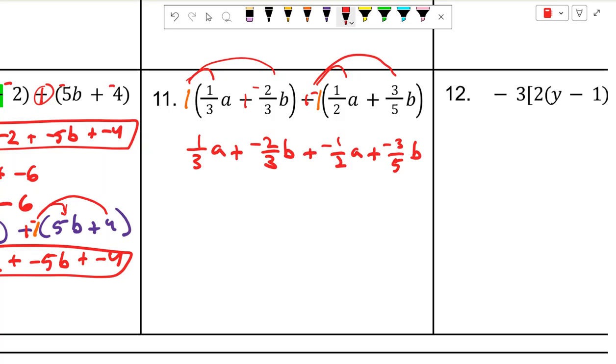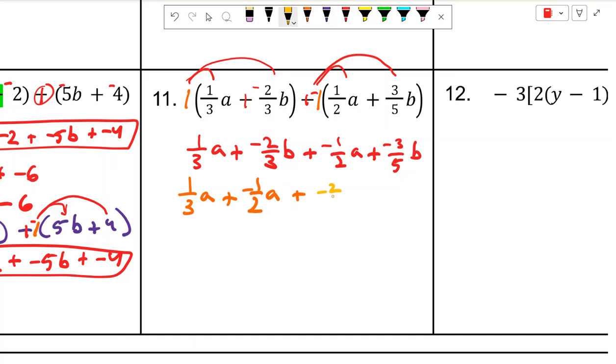And now we're going to combine like terms. So this time I have to do a little work here because I have fractions. Now there are different ways to do this, but we are going to go ahead and commute them. So we're going to bring our 1/3 a here along with the negative 1/2 a here, plus, I'll change colors just so you can see what's happening here.